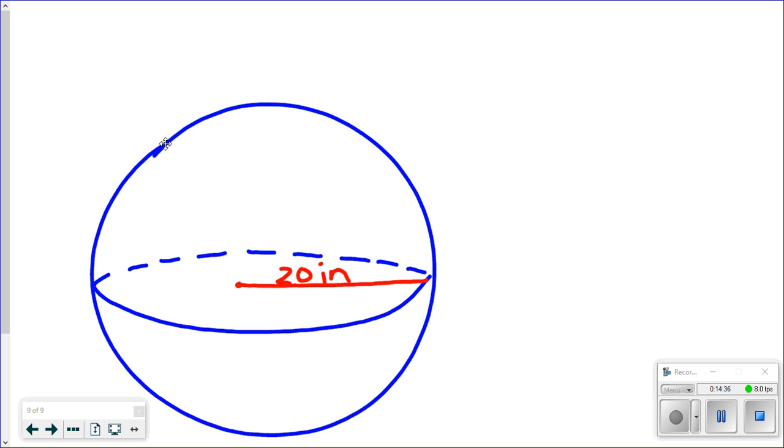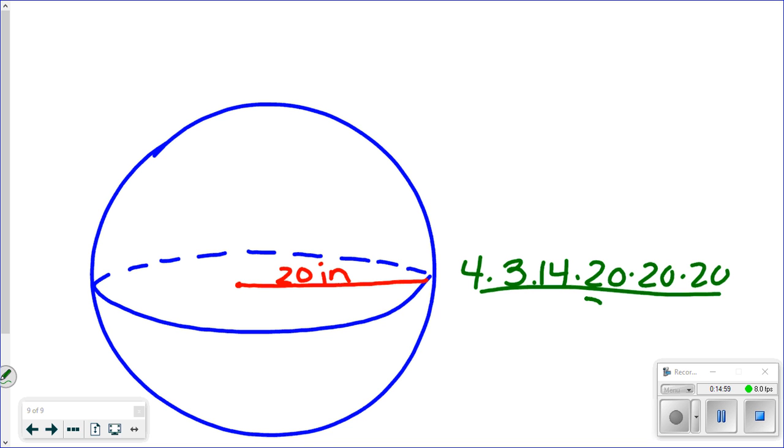So this ball would be about this big in diameter. Don't forget to multiply by that 4 in the beginning. Don't forget to divide by 3. Somebody today will forget to divide by 3.